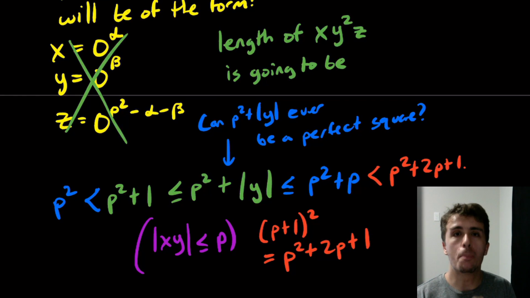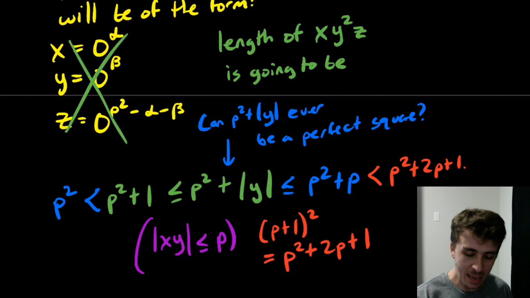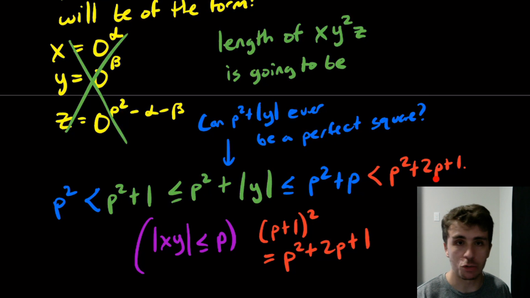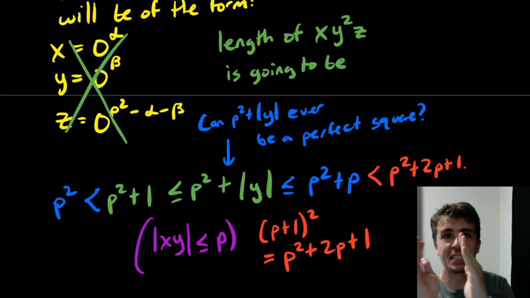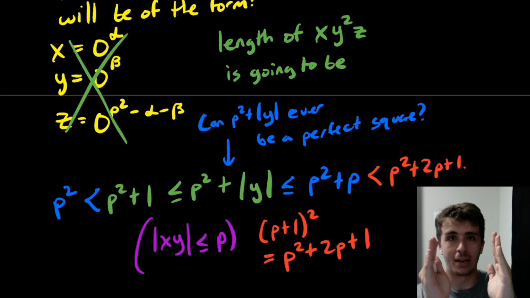There are no perfect squares in between. And it cannot possibly be equal to either of them. The length could not possibly be equal to this one because of this strict inequality, and it can't be equal to this one because of this strict inequality. So it's strictly in between two consecutive perfect squares.